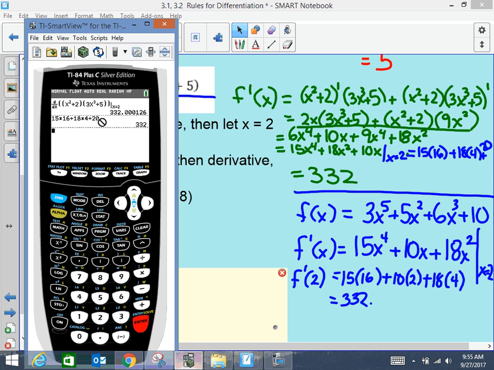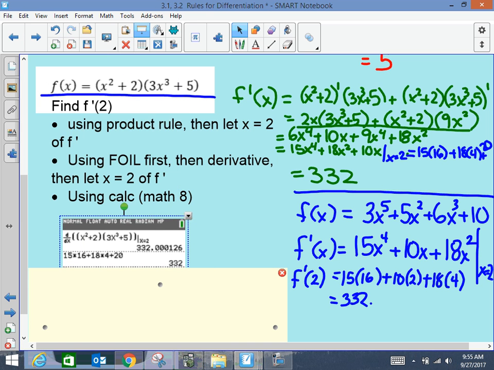So that would be, yes ma'am. When we're doing these problems, can we avoid finding the derivative of the multiplication product at all and just FOIL it out and solve it? Sometimes. It just depends on what's involved. If there's a trig or an e to the x, no, you can't. You still have to do the product. But yes, absolutely. You like this method better?